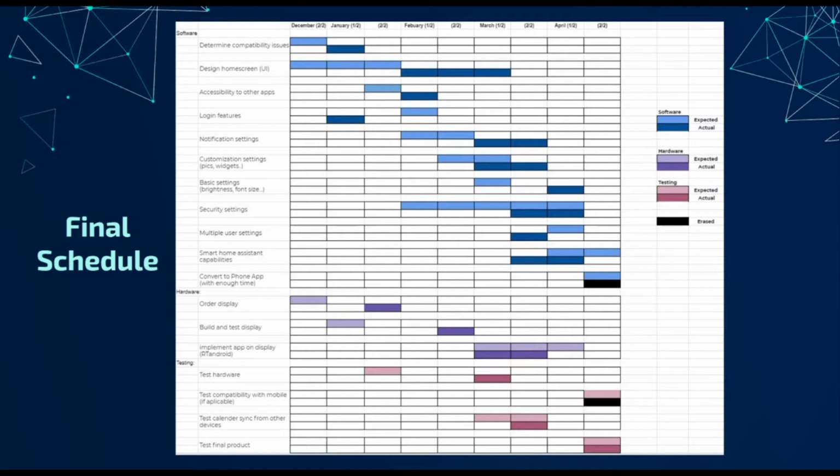The darker shades you see are the actual times we did the task at hand. The blue represents the software, purple represents the hardware, pink represents testing periods, and black represents things that we did not get to due to the time constraints or design shifts in our product.